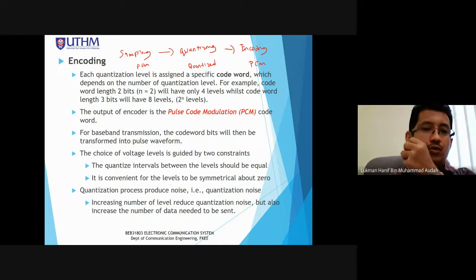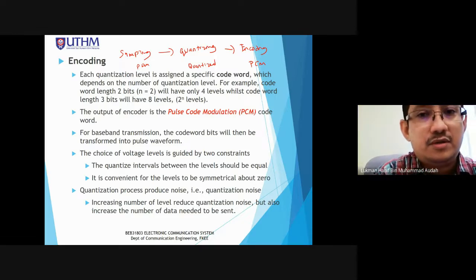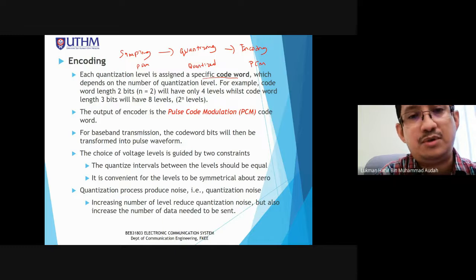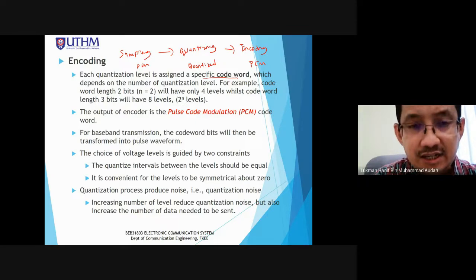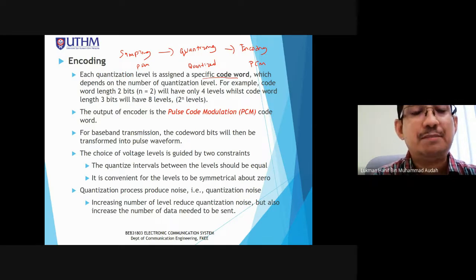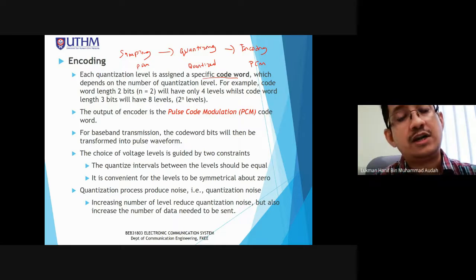Okay, so each quantization level is assigned with a specific code word, which depends on the number of quantization level. So encoding is the process of assigning a specific code word for each sample value. Itu adalah definisi untuk encoding.